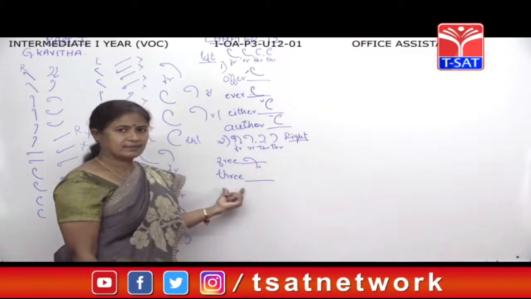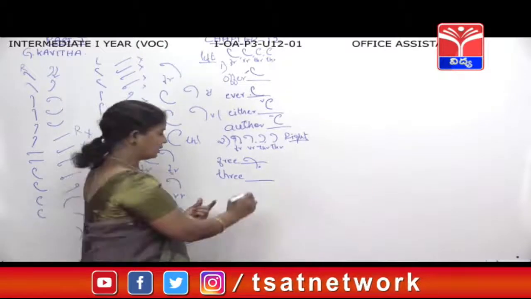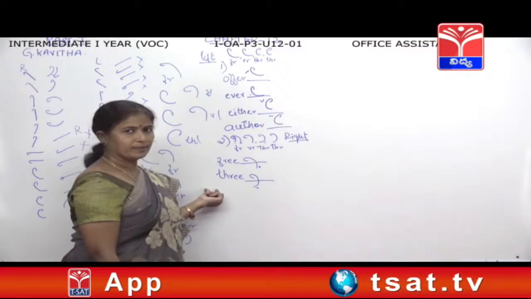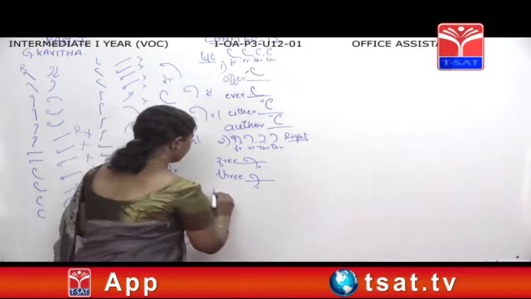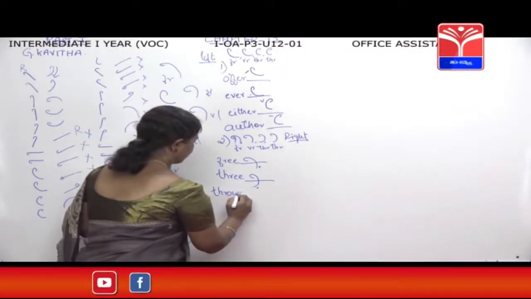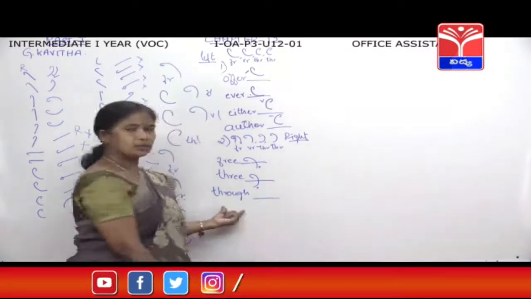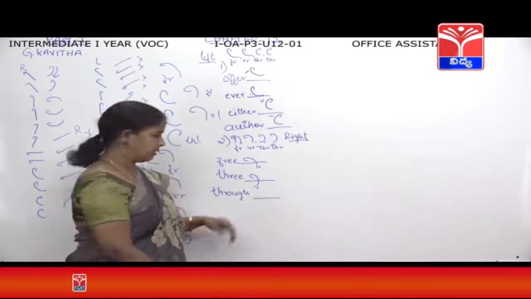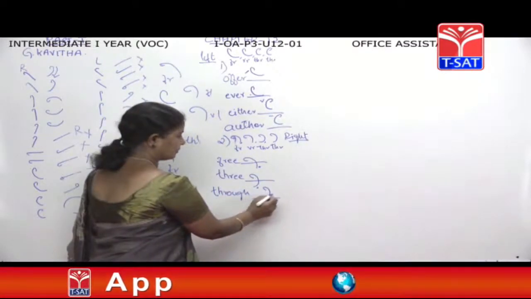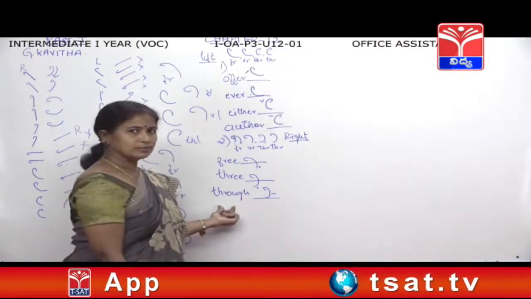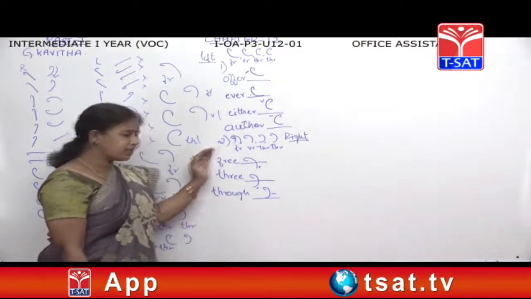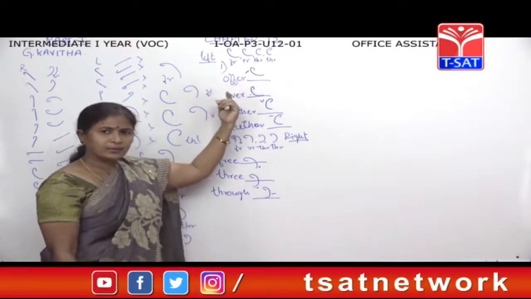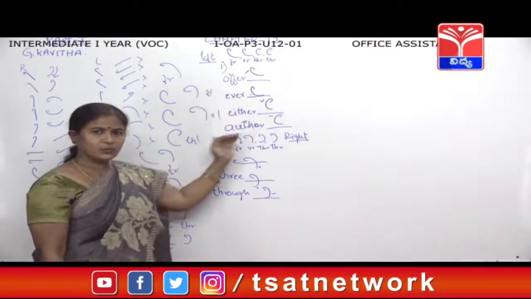Standing alone, thur, and followed by a vowel, we use right forms. Throw. Thur, standing alone and followed by a vowel, we use right forms. Through. So standing alone and followed by a vowel, we use right forms. Standing alone and preceded by a vowel, we use left forms of fur and were. Is it clear?